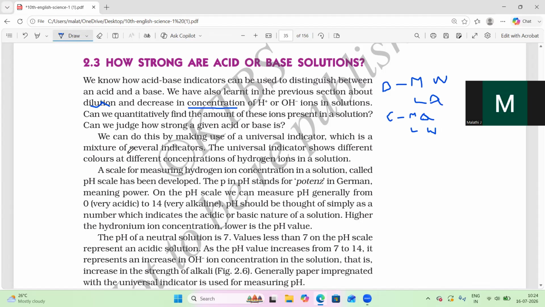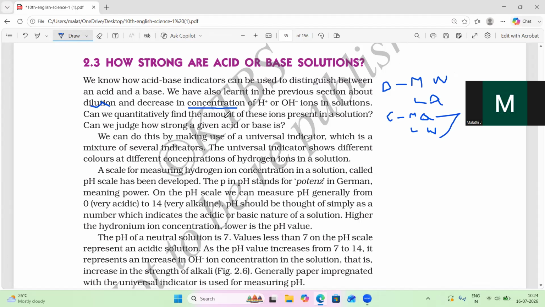For example, in the dilute solution, we can take 50 ml of water. If I take only 10 ml of acid, it will be present in a dilute solution. In concentrated solutions, it is more. So acid is 50%, water is maybe 20%. This is a concentrated solution.